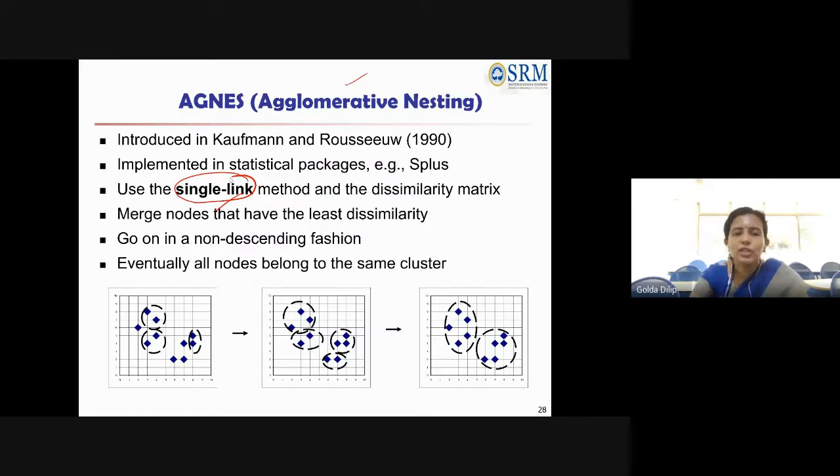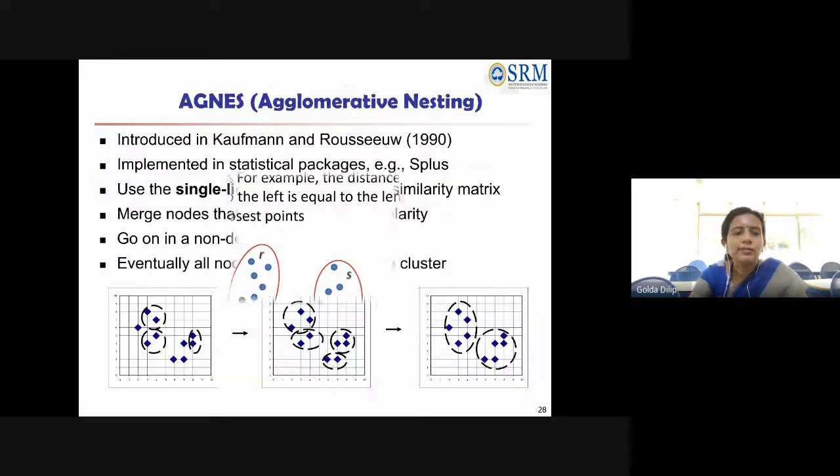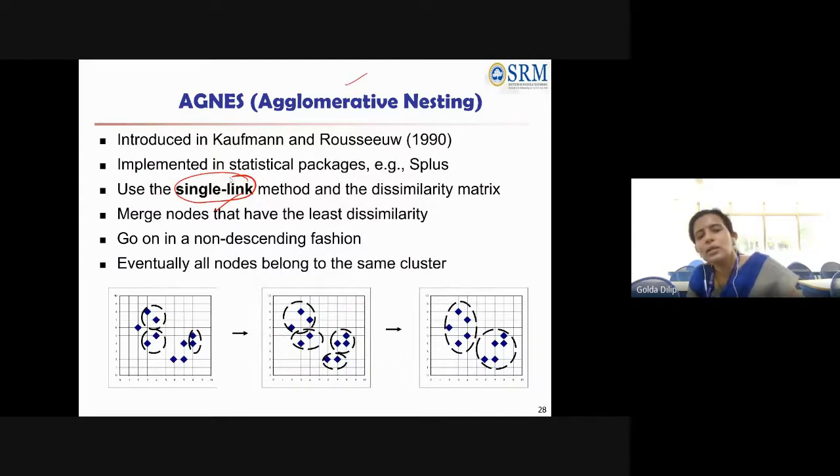There are different ways to measure the distance between clusters in order to decide the rules for clustering, and that's popularly known as linkage methods. After a few slides, I'll show you the various linkage methods which will help you measure the distance between clusters.